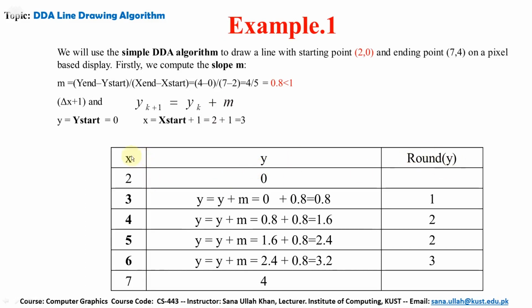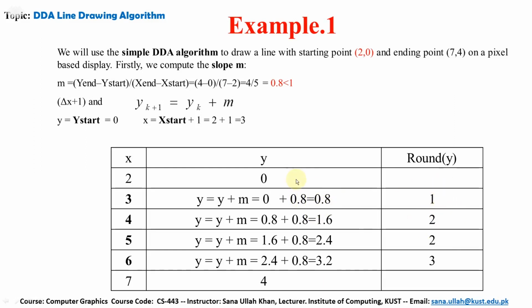Because the slope is less than 1, x will be increased by 1, it becomes 3, and y will be increased using the equation of slope. So y is equal to y plus m, the previous y value plus the slope. The previous value is 0 and the slope value is 0.8, which becomes 0.8, and rounding it, the corresponding y value becomes 1.